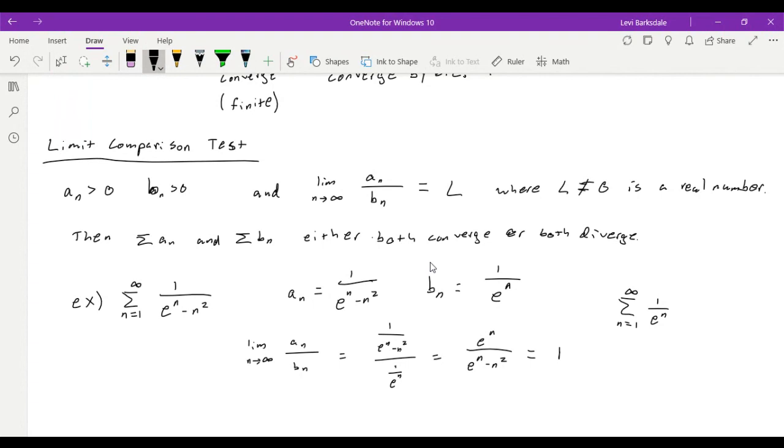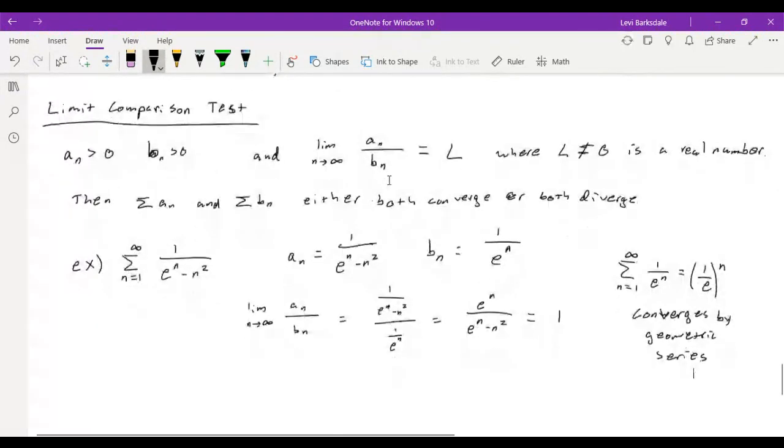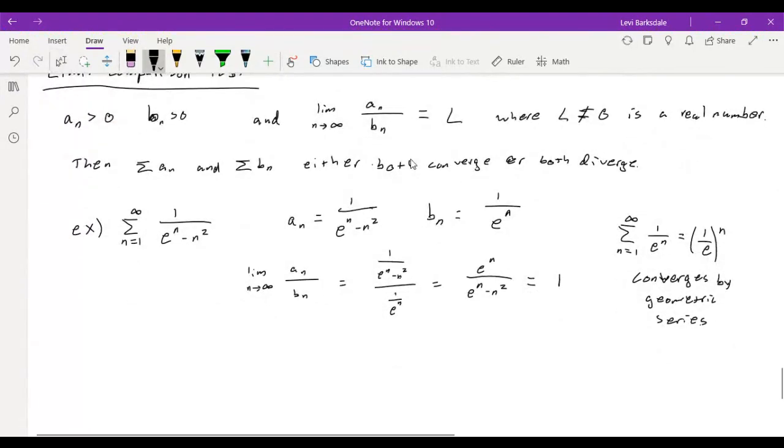And we can actually say that this series converges by the geometric series test, because we can rewrite it as 1 over e to the power of n, and 1 over e is smaller than 1, so that will converge. And because this comparison series converges, we can then say that our overall series converges as well by the limit comparison test.